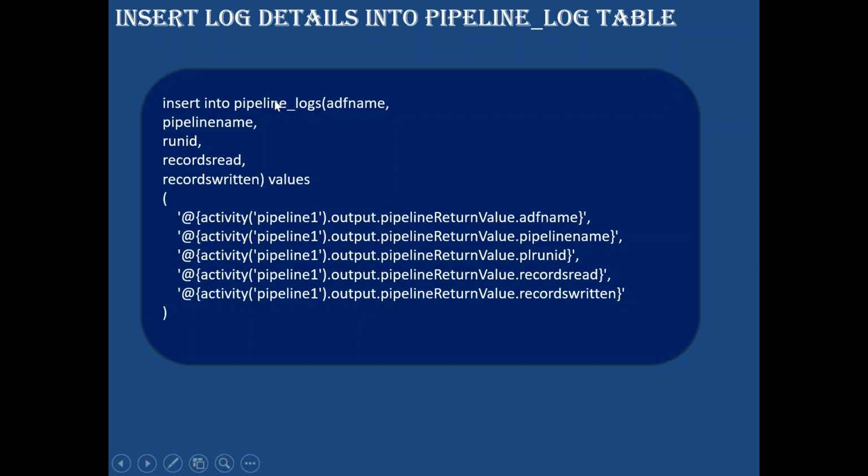All these things will be loaded into the pipeline logs table. There are some complex scenarios too, but it would take 1 to 1.5 hours for me to explain those complex things. That's why I'm not taking such complex scenarios. I'm just explaining with a very simple example how we can return the child pipeline's return values to the main pipeline, and how the main pipeline can access these child return parameters or variables.